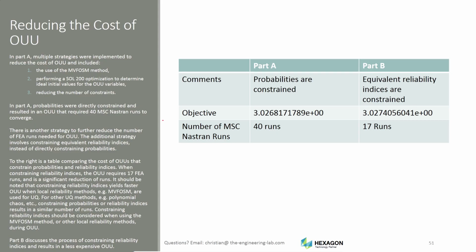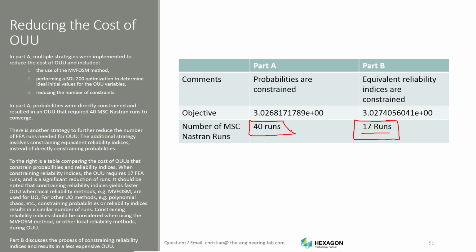Now, if everything went well in this part A, the OUU that's happening in the background will converge, but it's going to require 40 Nastran runs. What we're going to do in part B is discuss a different approach that's going to require a lower number of runs. We are actually going to require 17 Nastran runs to perform the OUU.